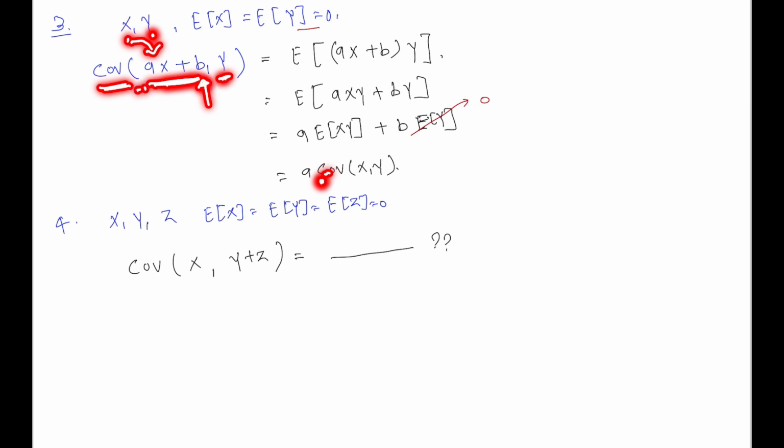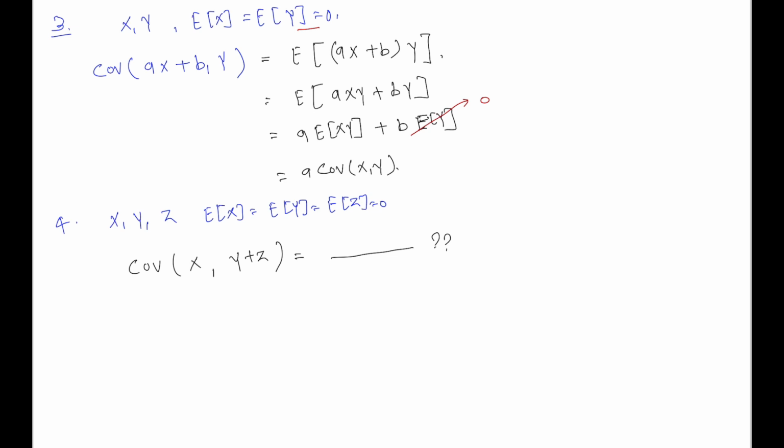This is directly equal to a times the covariance of the random variables x and y. We have seen it for the special case where the expectations of x and y are 0, and it is also true when they are non-zero.